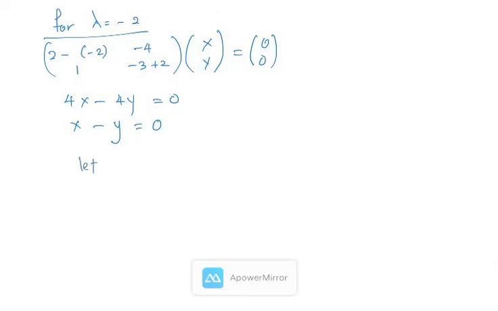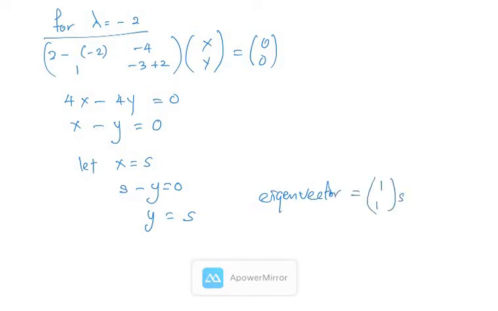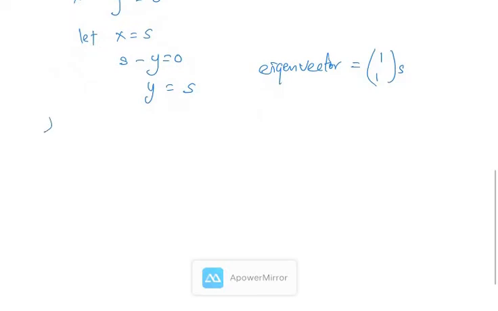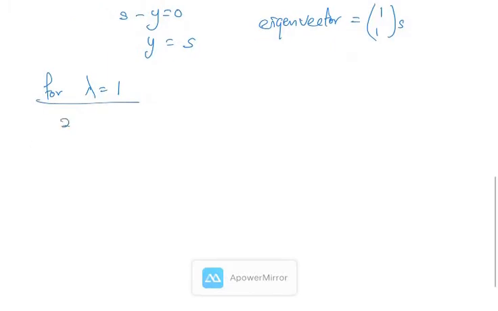So you assume x equal to s, so s minus y equal to 0 and y equal to s. So the eigenvector equal to 1 and 1 times s. And then for lambda equal to 1, substitute lambda equal to 1, so 2 minus 1, negative 4, 1 and negative 3 minus 1.